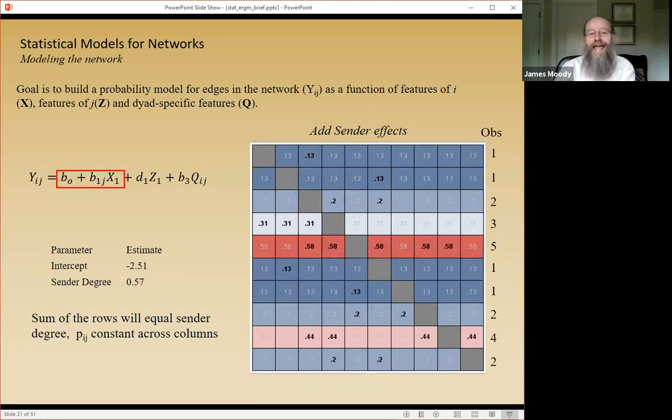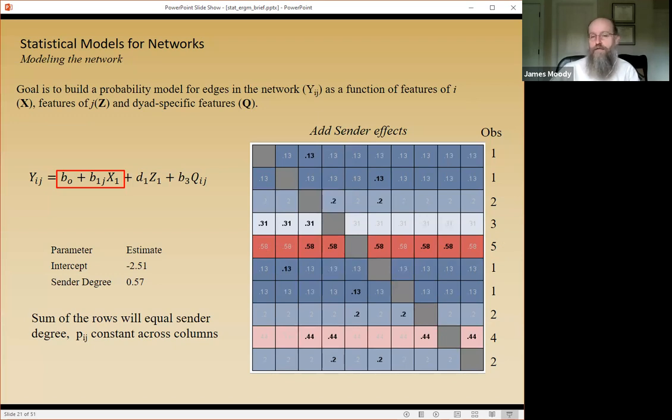Now, you might add to that model something we could call row effects or sender effects. In this case, we just know that some people have different degrees than others. What I put down here on the edge of this matrix is the out degree of each node. So this node sends one tie out of all the people that are possible, so the probability of any edge is 0.13.